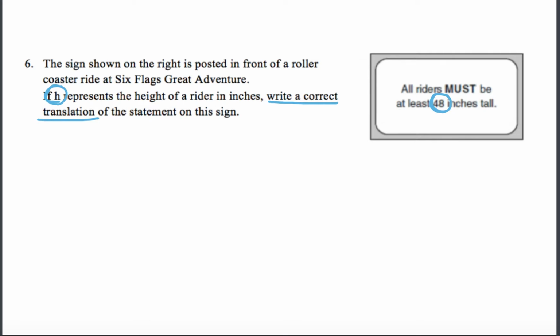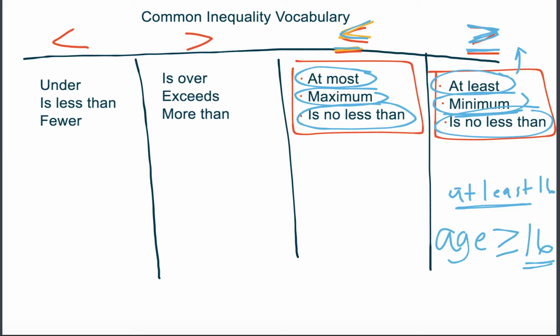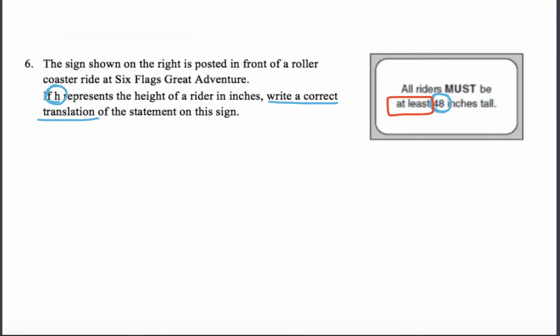And I'm boxing some math action words. And this word at least is one of our new vocabulary words. If we flip back, we see the word at least means greater than or equal to. So right near at least, I'm going to put greater than or equal to.